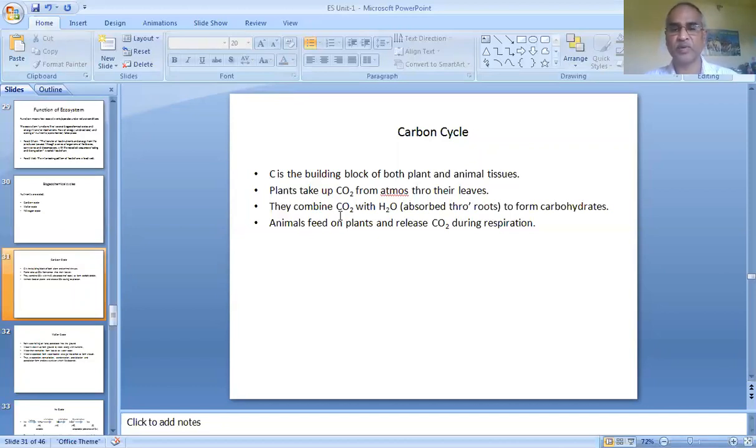And it is these carbohydrates that make plants the producers, because carbohydrates are required by animals also. So animals feed on plants, and when they consume carbohydrates, they release carbon dioxide during the respiration process. And this is carbon cycle.